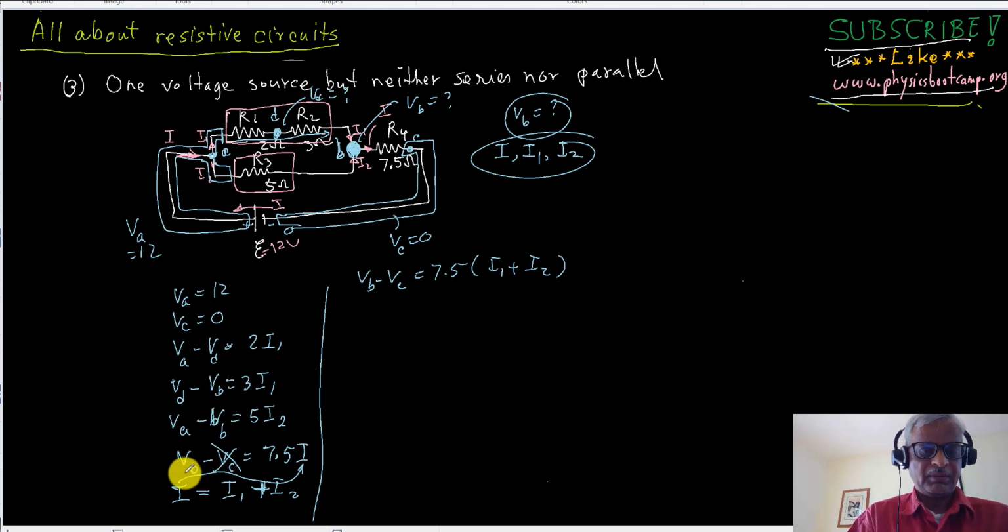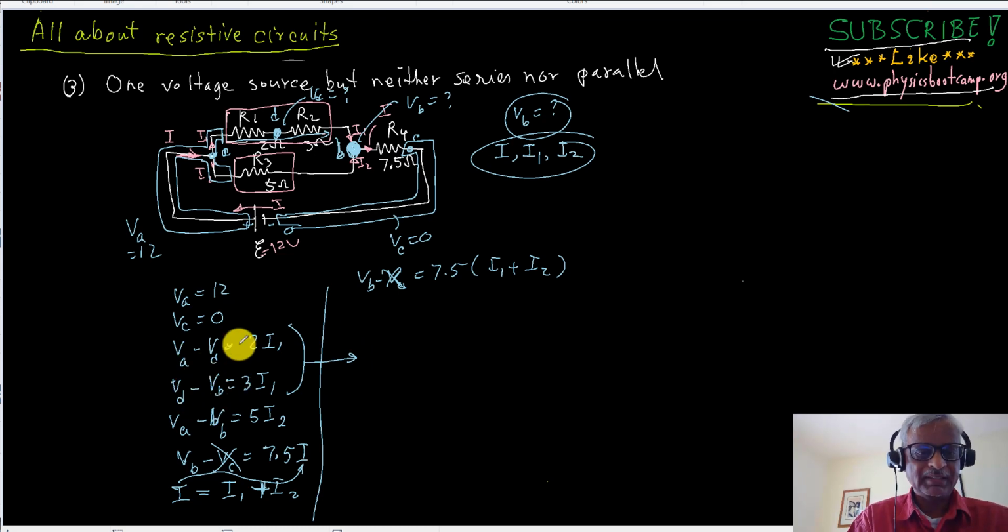So here VB is 7.5 times I. So VC is 0, so VB is that, and so you have VA minus VB. So you can just say, I want to think of this as, wherever I see I1, let's call this over here.